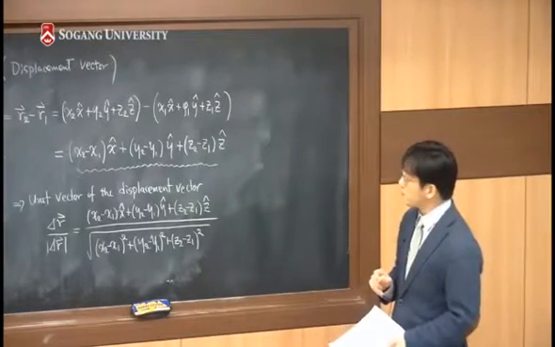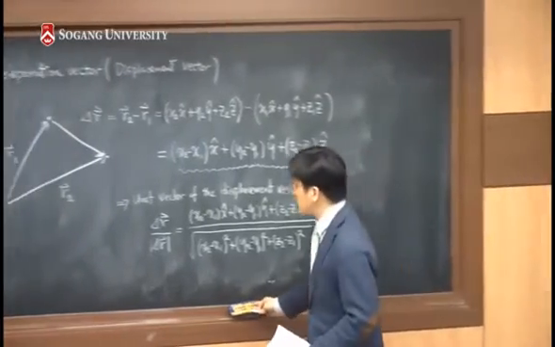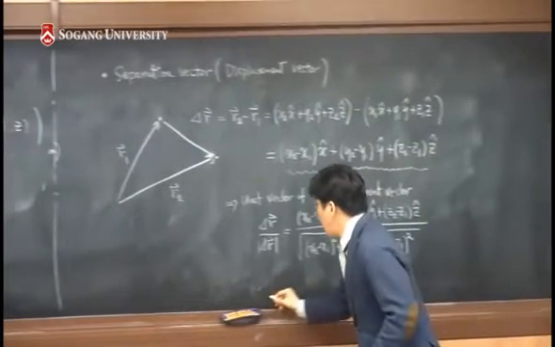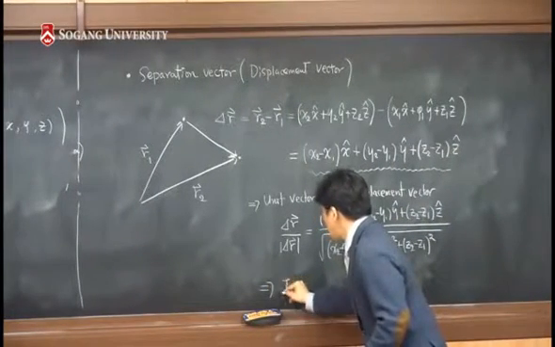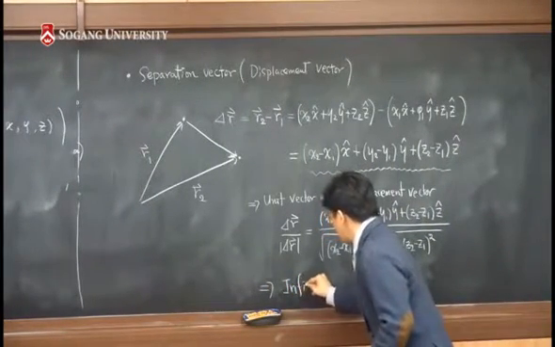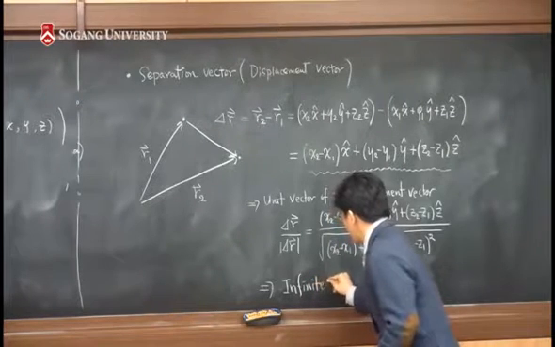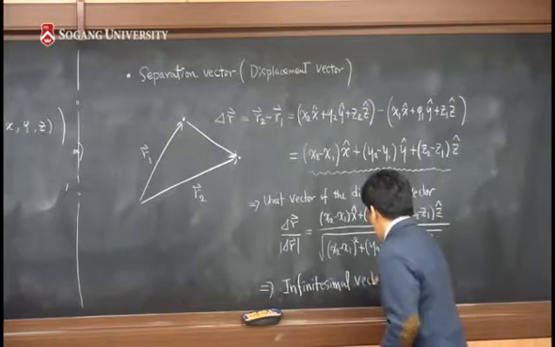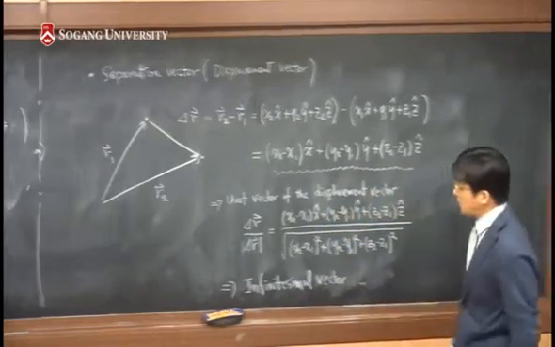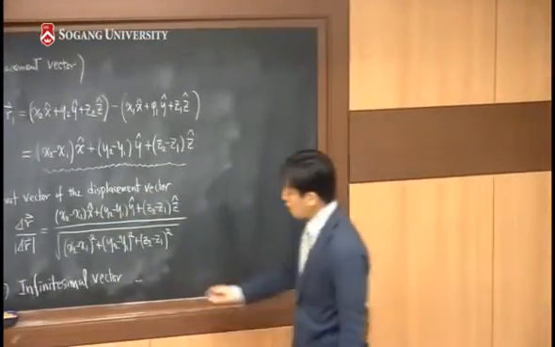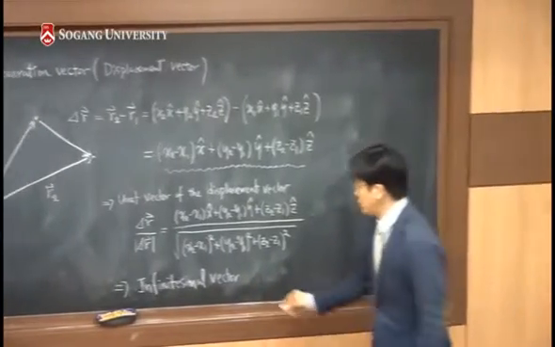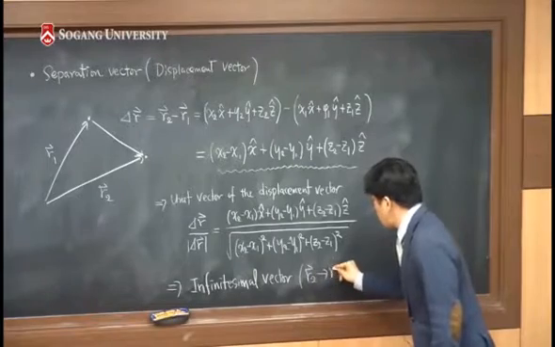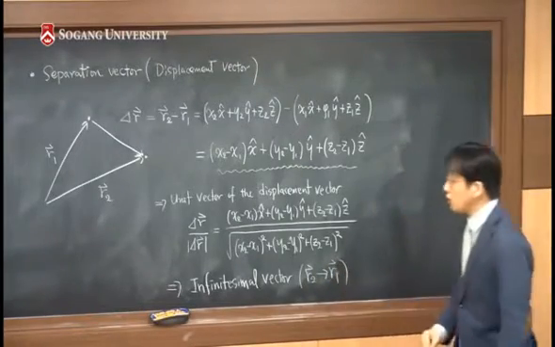And from the displacement vector, we can also have an infinitesimal vector in the limiting case when R2 approaches R1.